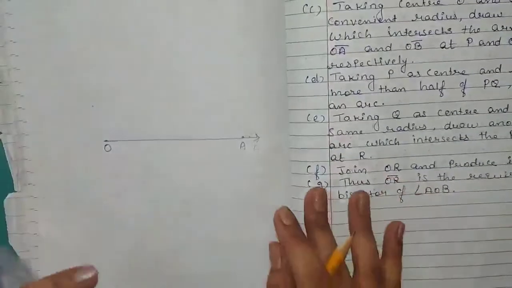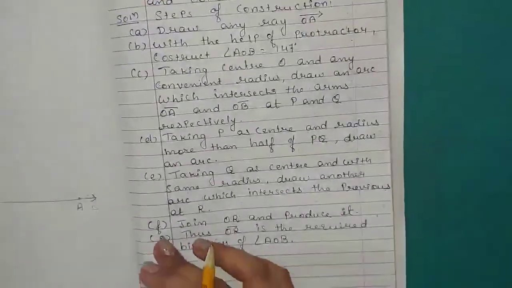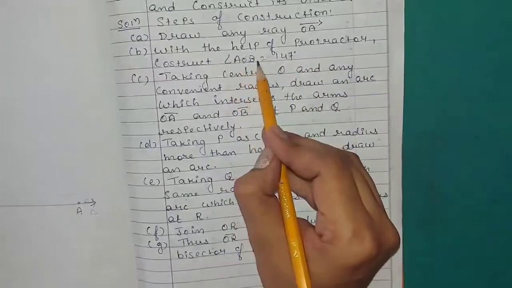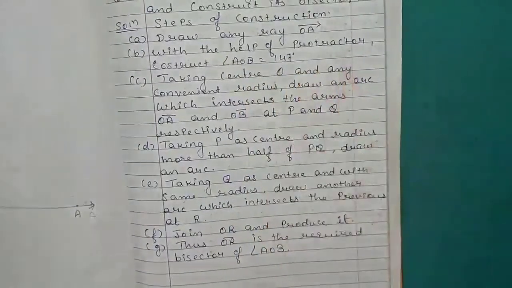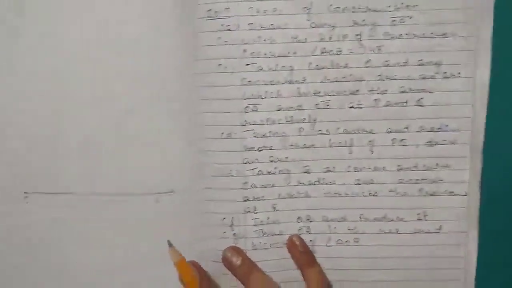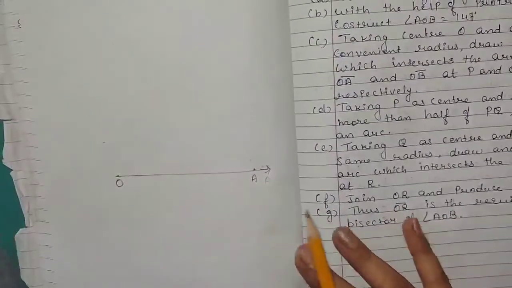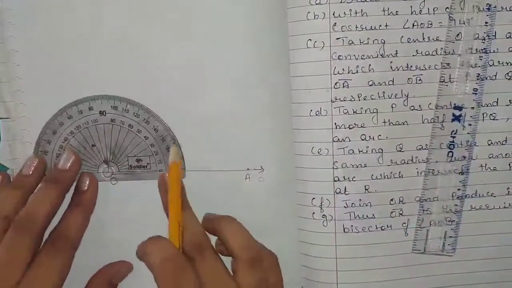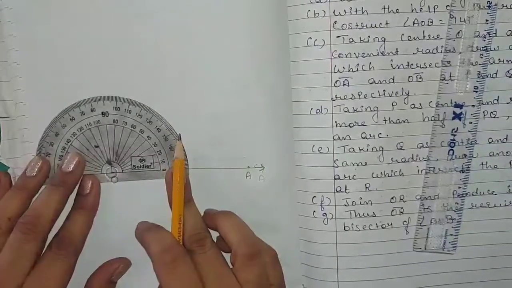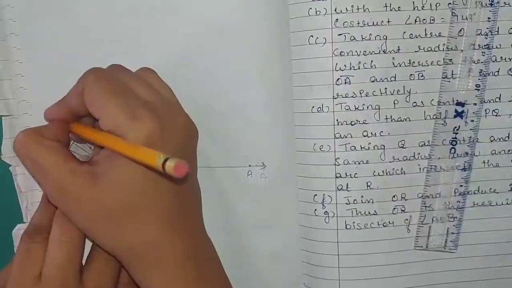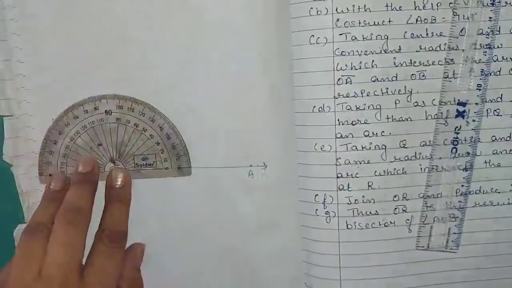Now let us see the next step. With the help of a protractor, construct angle AOB equal to 147 degrees. So here we have to construct 147 degrees with the help of a protractor. Let us put the center of the protractor on O, and 147 is marked over here.